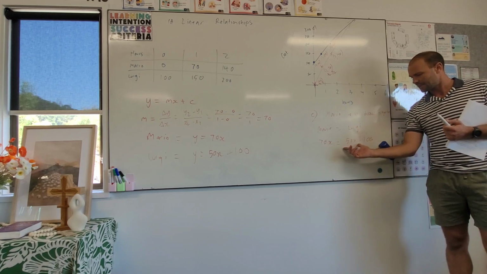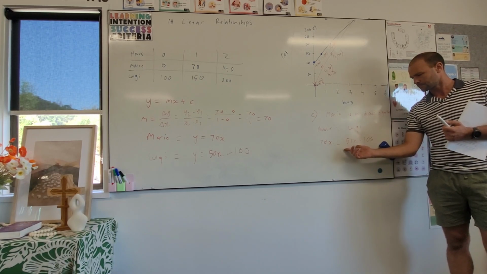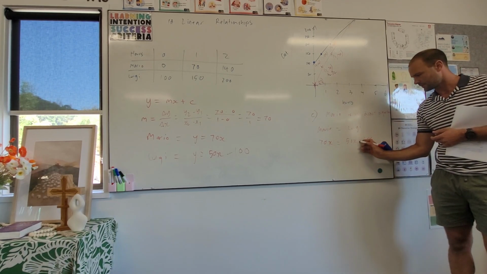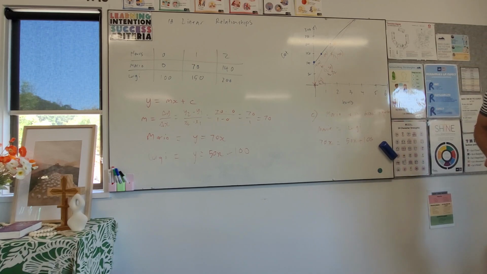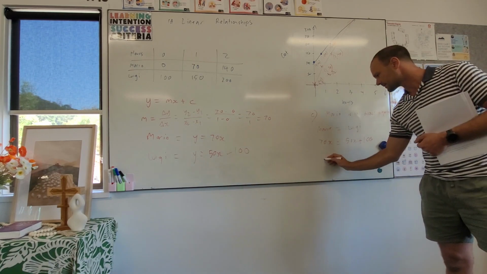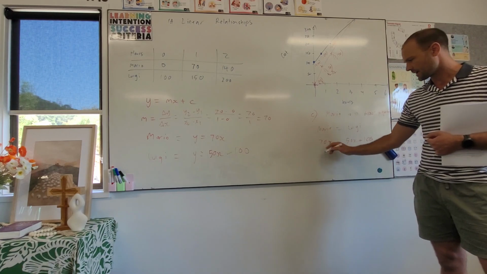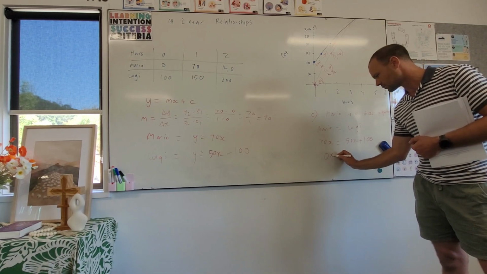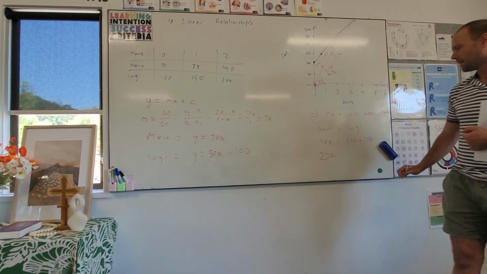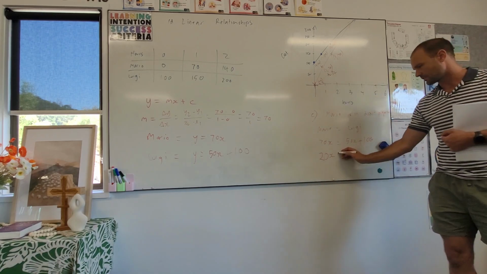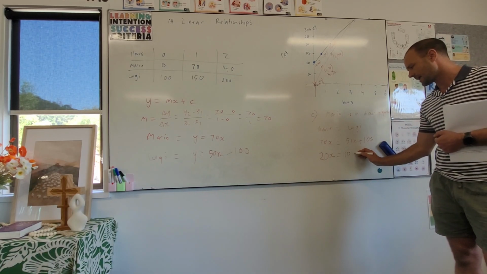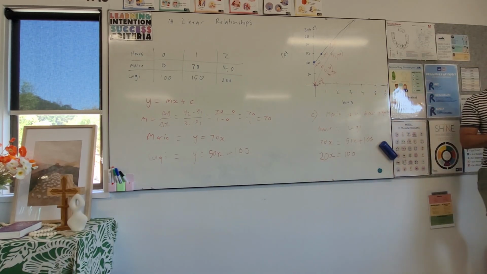Sorry, that should say plus 100. I'm going to take away 50x from both sides. 70x take 50x gives me 20x, and on the other side it cancels. So we have 20x equals 100.